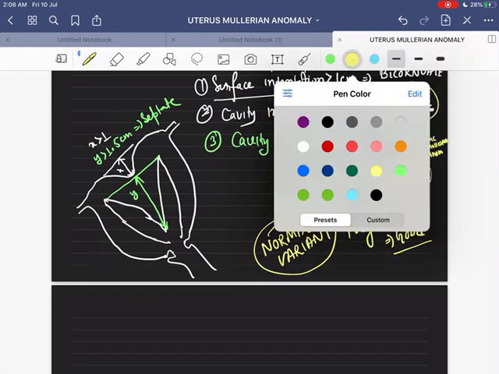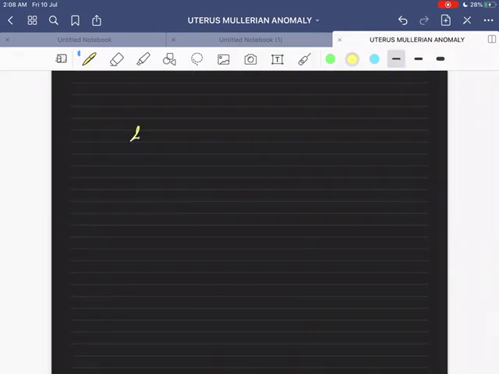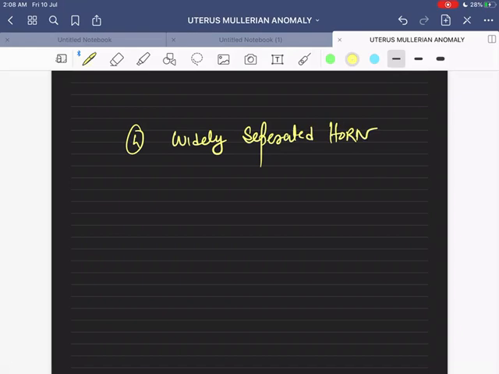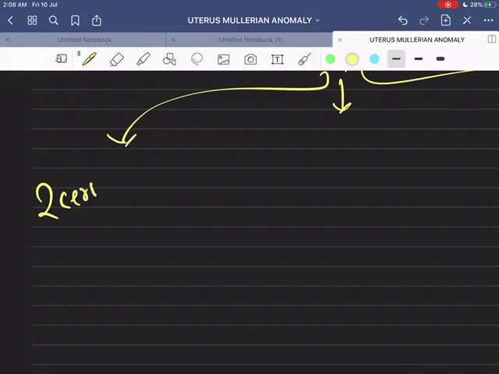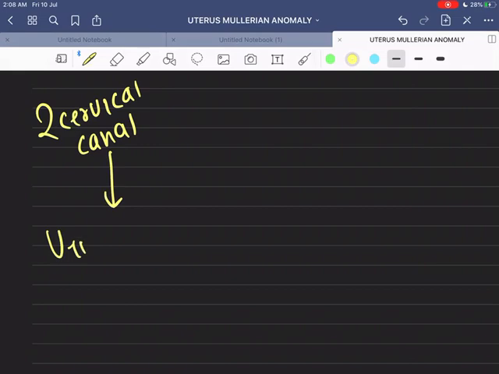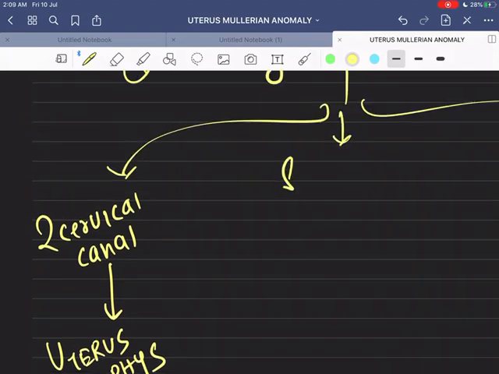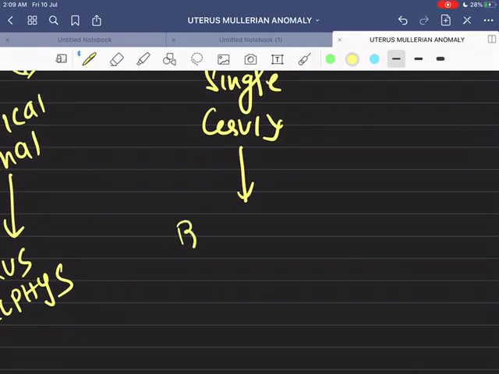Fourth point, if the horns are widely separated, then there are three possibilities. If there are two cervical canals, straight away go to uterus didelphys. If there is a single cervix, go to bicornuate uterus.